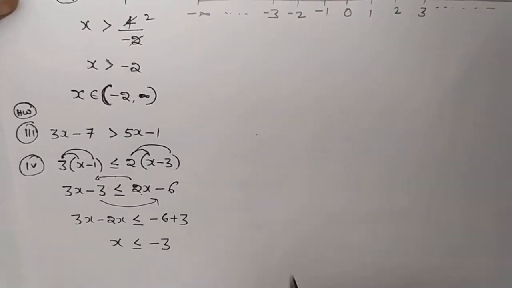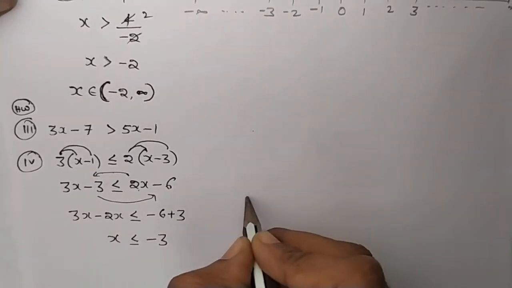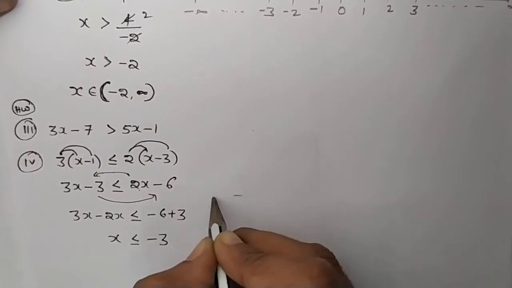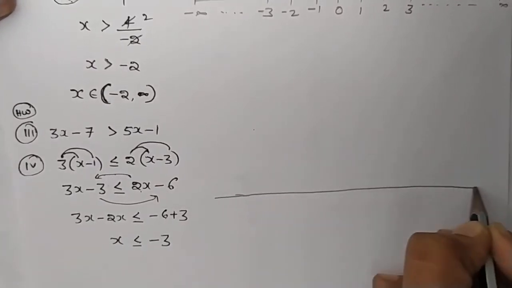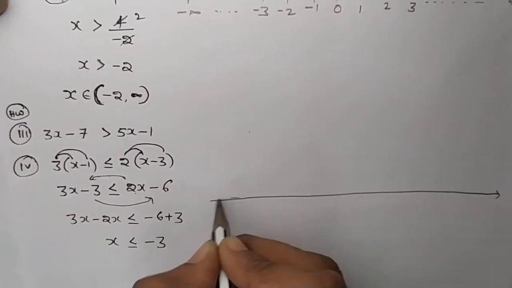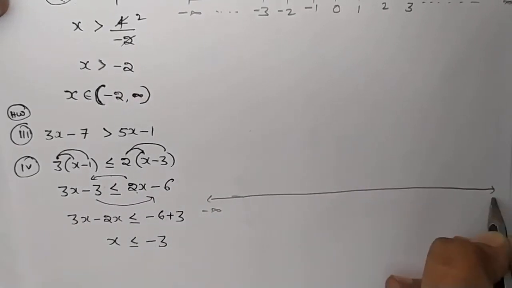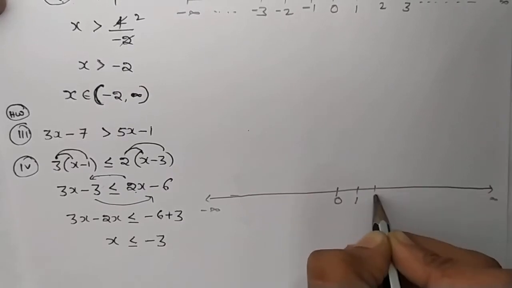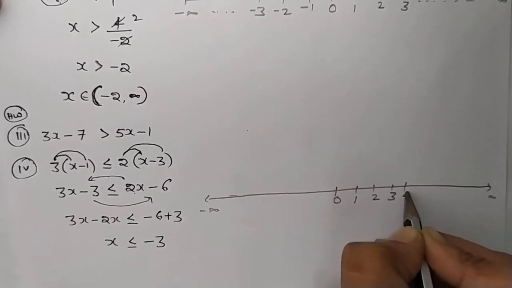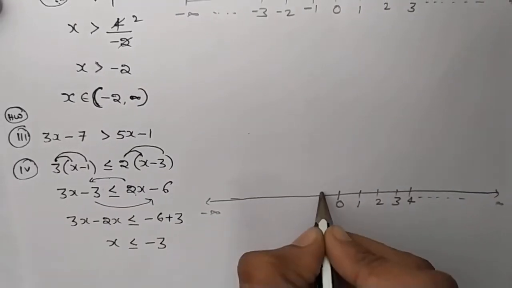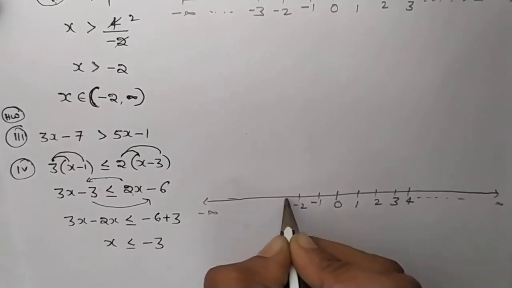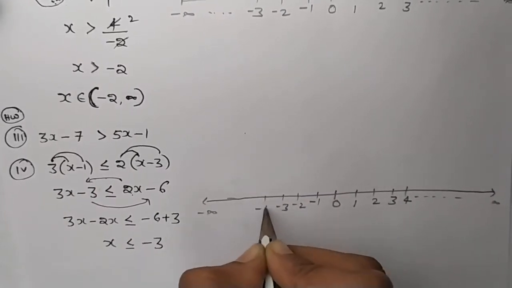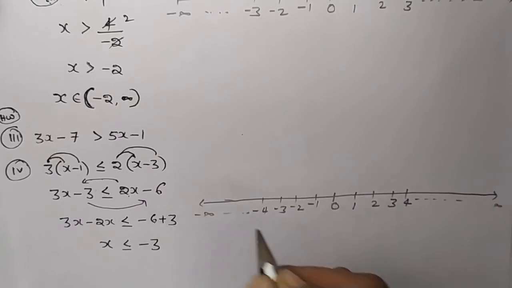Let us represent this x less than or equal to minus 3 on a number line. Take one number line, from minus infinity to plus infinity, with 0, 1, 2, 3, 4, 5, 6 and so on, and minus 1, minus 2, minus 3, minus 4, minus 5, minus 6 and so on.